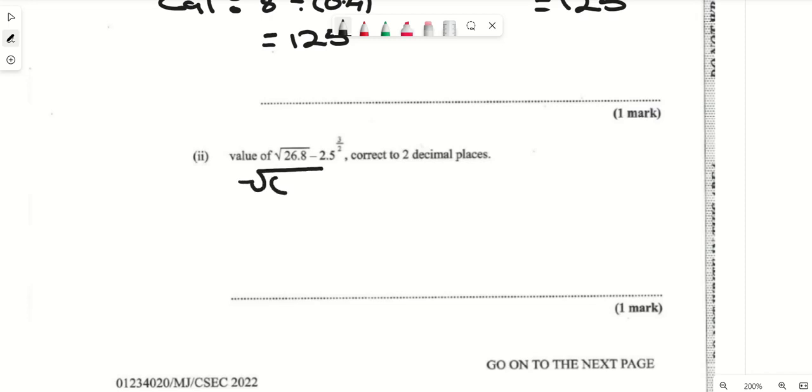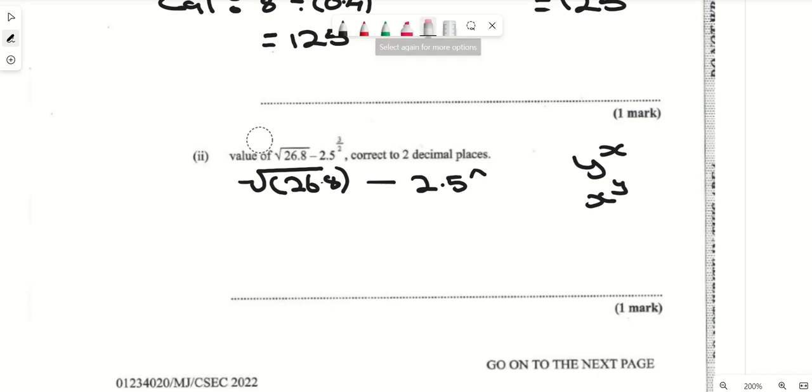Then you're going to put open bracket 26.8 close bracket minus 2.5 to the power of, you're going to see a button called x to the y, so you'll see a button called y to the power x or x to the power of y, depending on your calculator. That is the button you're going to press, and you're going to get this upside down v, and then you're going to put 3 over 2.